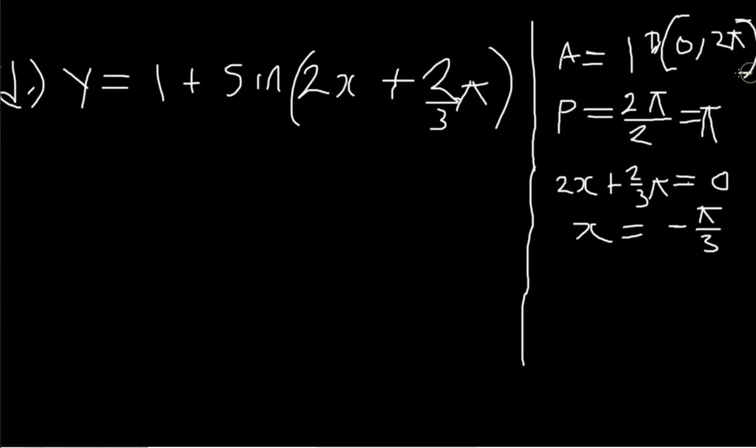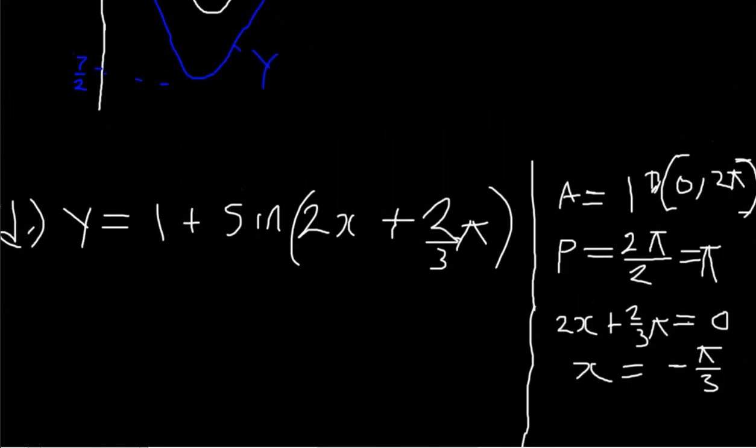So x is equal to negative pi over 3. That's our first point. Let us find our last point where the curve is going to end.